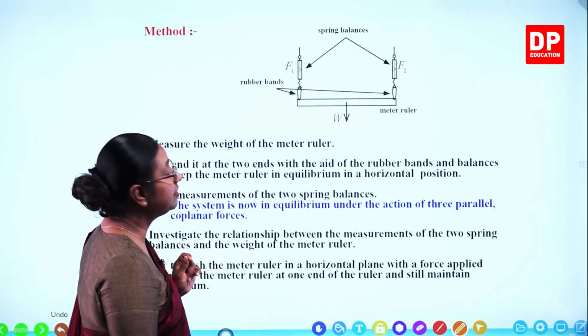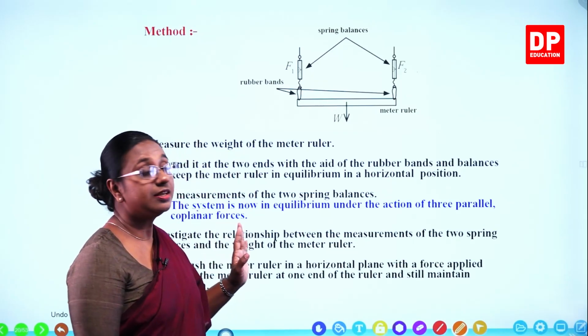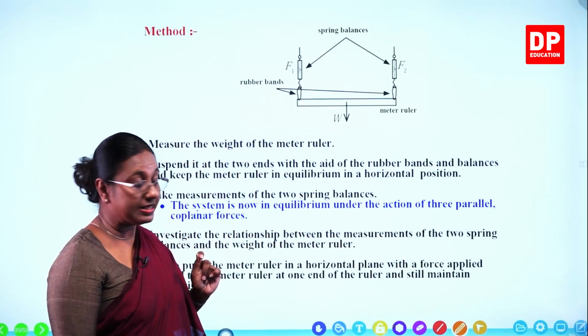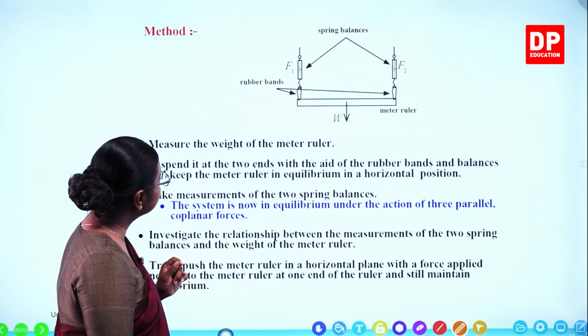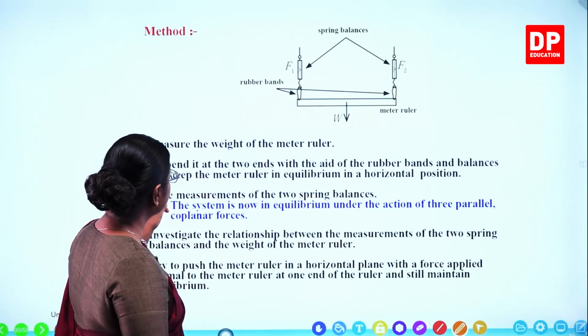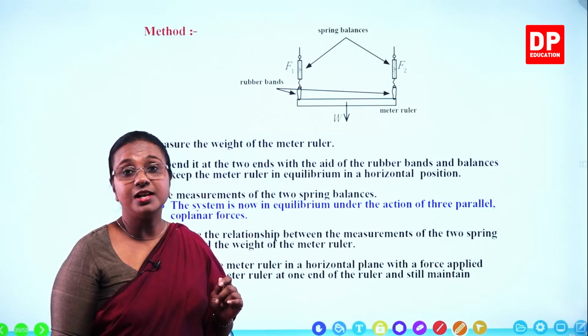Measure the weight of the meter ruler. So that's going to be the first step. Once we measure the weight of the meter ruler, then only we suspend it in this manner. Suspend it at the two ends with the aid of the rubber bands and balances, and keep the meter ruler in equilibrium in a horizontal position.